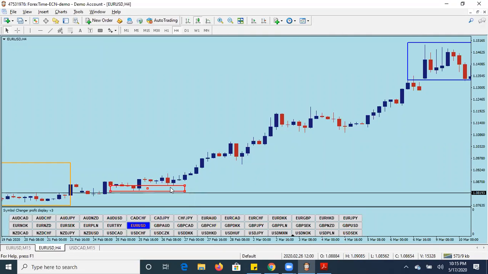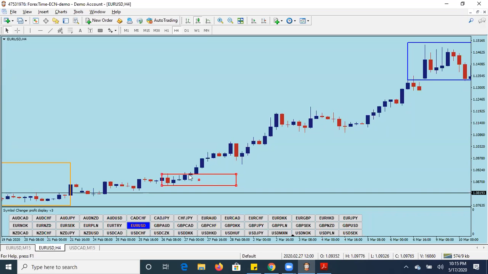Price traded back again into it. You can see the touch. Price traded back into it and gave us a high. This was the next candle responsible for this high, right? Price didn't come back to it. And that's how we keep marking up.